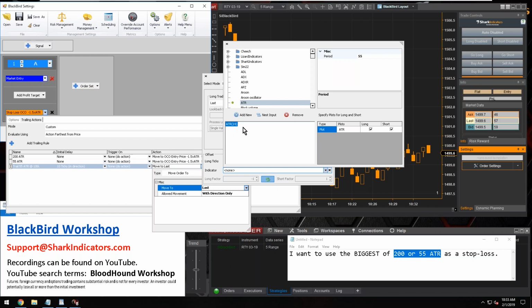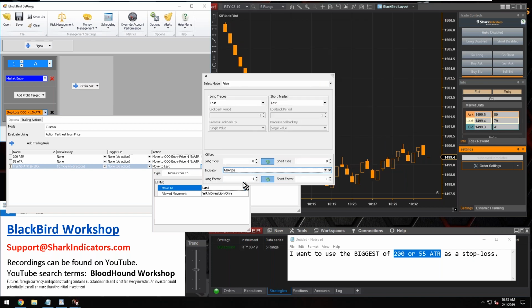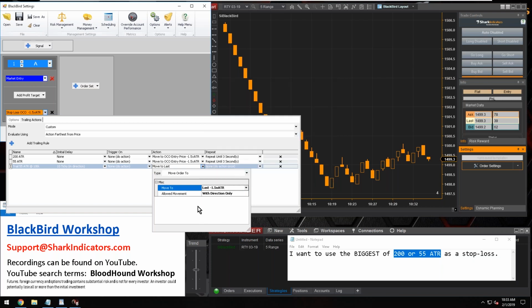But for now, just to follow through on this example, I'll choose the ATR 55 period, and then set whatever your offset is to be. I'll keep it at a standard 1.5 offset there.